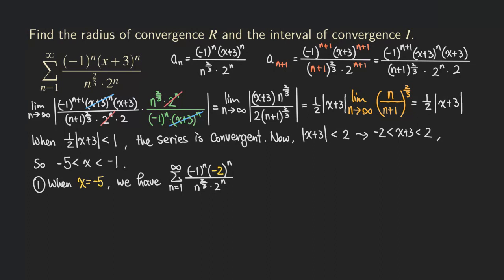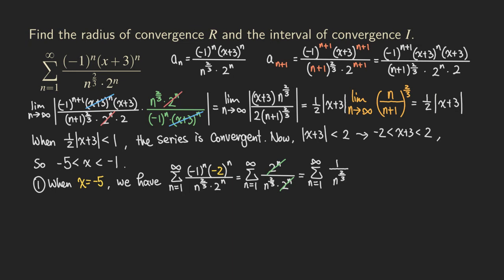Now let's do a little simplifying. We have negative 1 to the n times negative 2 to the n, which gives us just 2 to the n. In the denominator, we just copy the same stuff. You see what's going on here? We can cancel the 2 to the n, which leaves 1 over n to the 2 over 3.